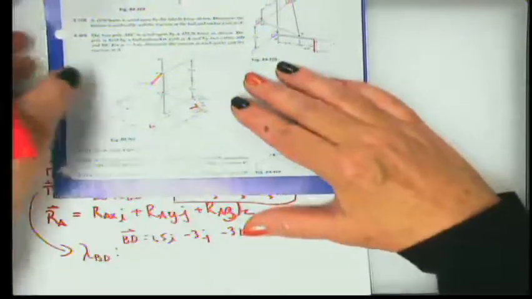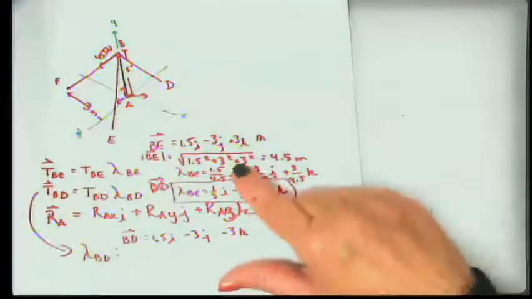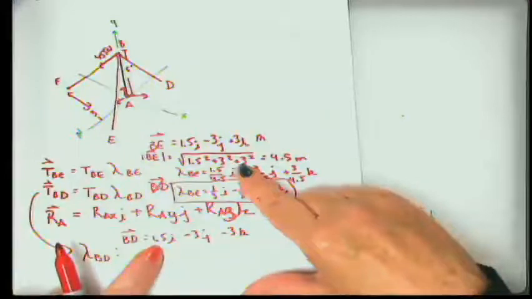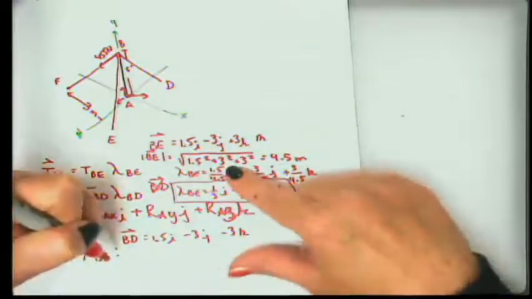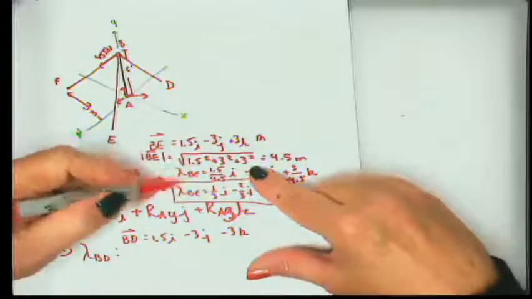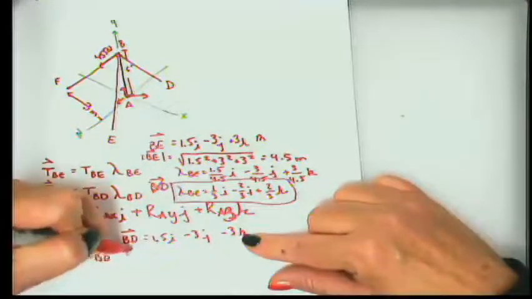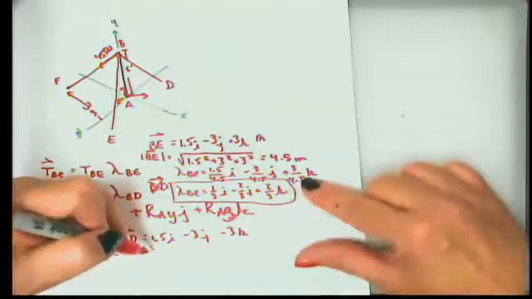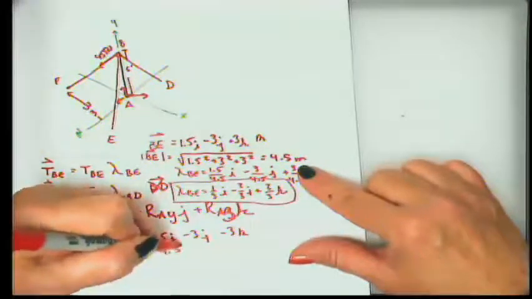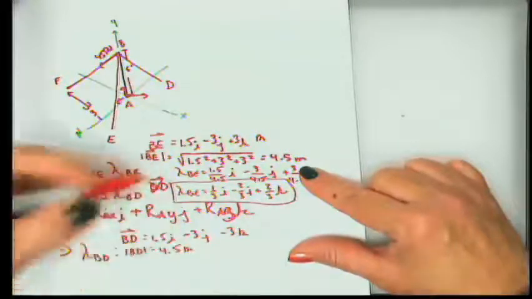Right? So if you look at the length of BE, it's comprised of 1.5, 3, and 3. Even though the signs are different, this is also 1.5, 3, and 3, so we know that the length of this is also 4.5 meters.